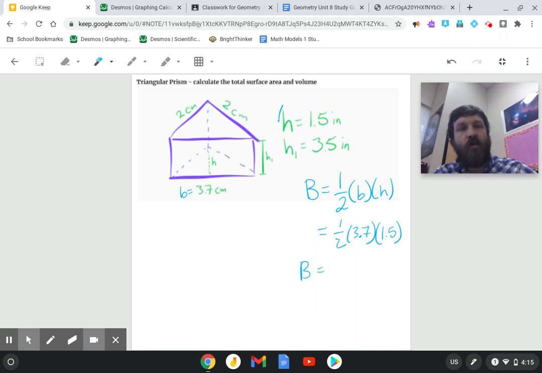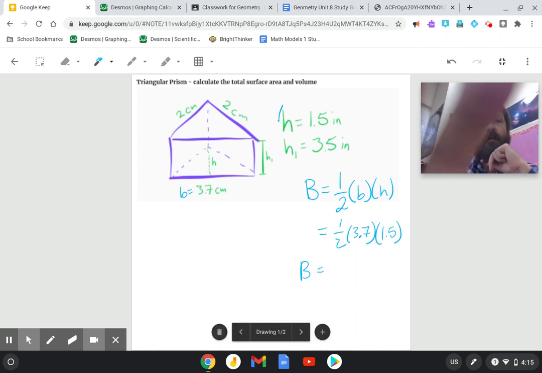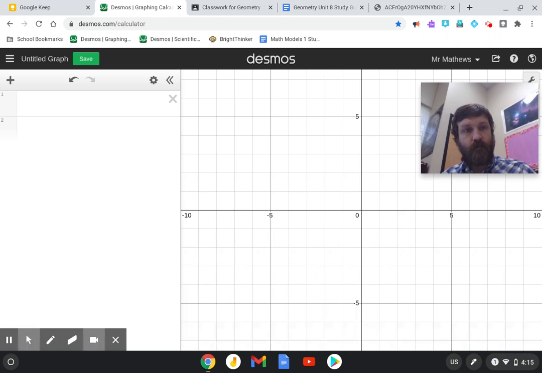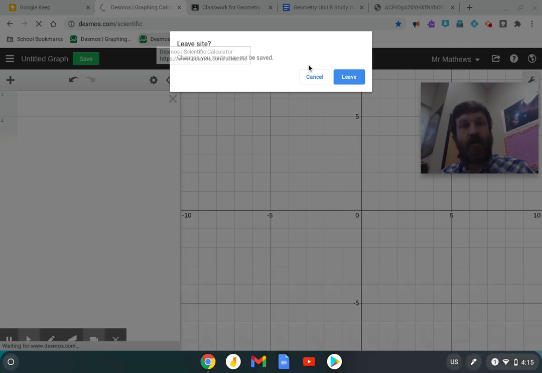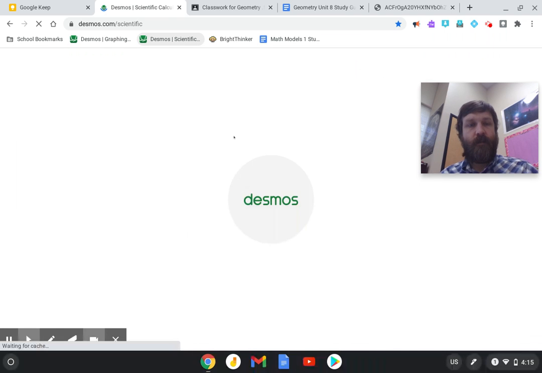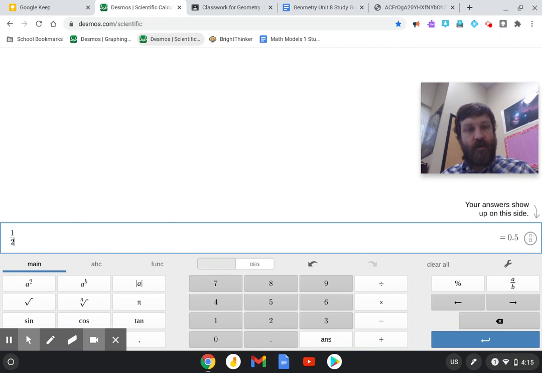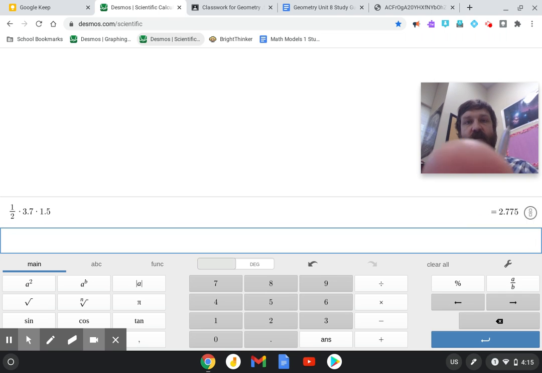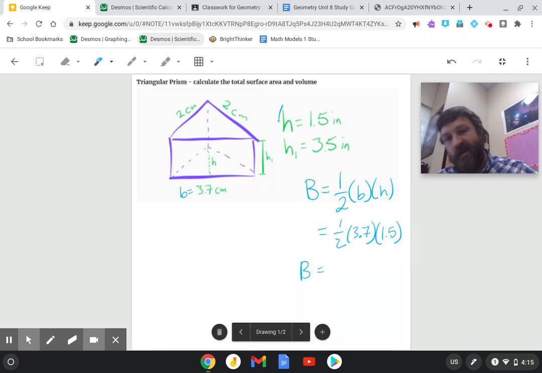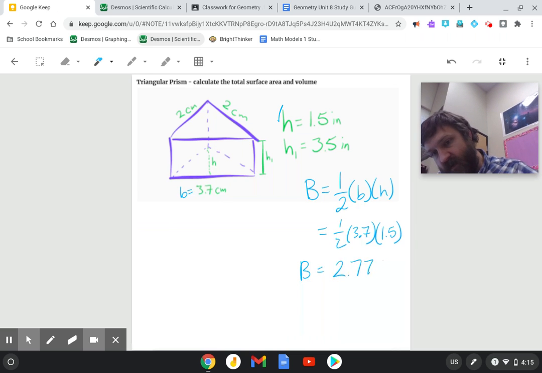So then the base is 1/2 times 3.7 times 1.5. Let's go to our scientific calculator. 1/2 times 3.7 times 1.5, and we get 2.775 centimeters squared.